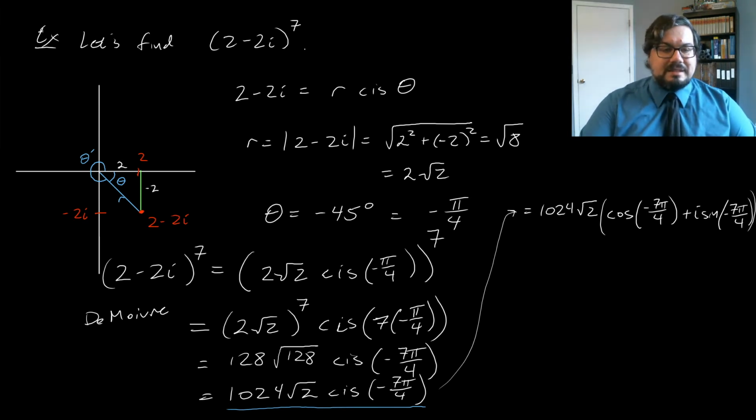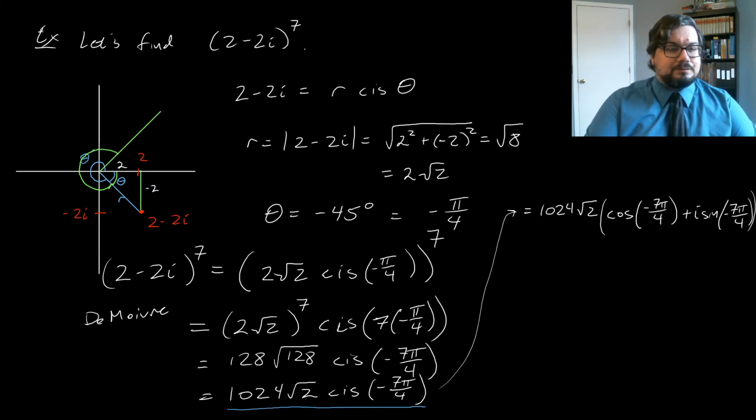Well, let's see where these things are. Negative 7 pi over 4 will be, let's see, starting at the x-axis and moving our way around, we get negative pi over 4, negative 2 pi over 4, negative 3 pi over 4, negative 4 pi over 4, negative 5 pi over 4, negative 6 pi over 4, and then finally negative 7 pi over 4 out here.